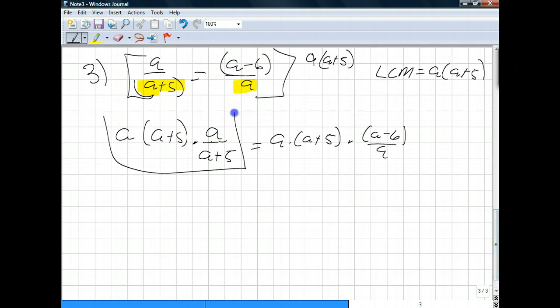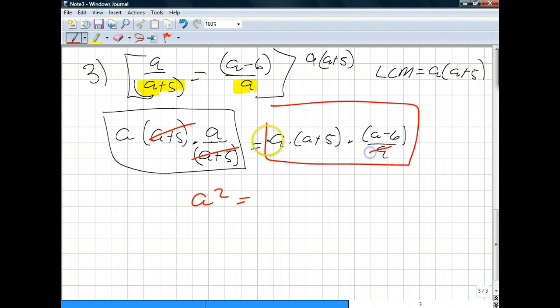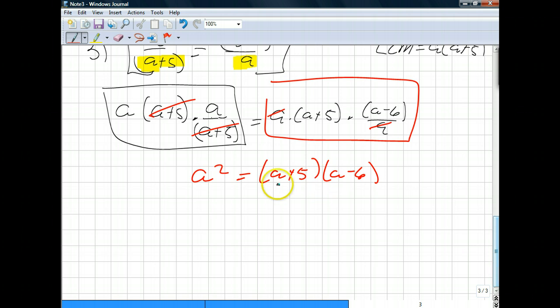Now I come back here and simplify. So I get a squared, and I come here and simplify, and I get a plus 5, a minus 6. Foil this, so I get a squared minus 6a plus 5a minus 30.